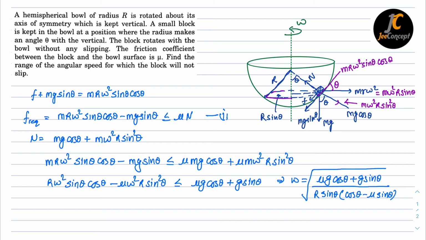Now, for the second scenario, where we have to find the minimum value of omega such that it should not slip down: in that case, if it tries to slip down, the frictional force will act in the upward direction, right?